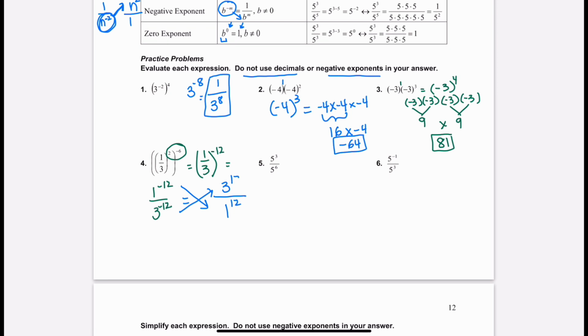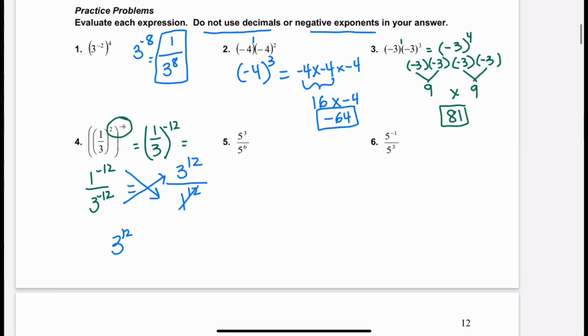It's going to be 3 to the positive 12. Now 1 to the positive 12 is just 1. And so my answer is going to be 3 to the positive 12. You can put that in your calculator and get an answer. But where it's a really large exponent, we're just going to leave it like this for a moment. That's going to be a pretty large number there.